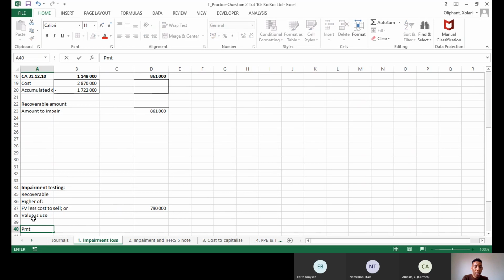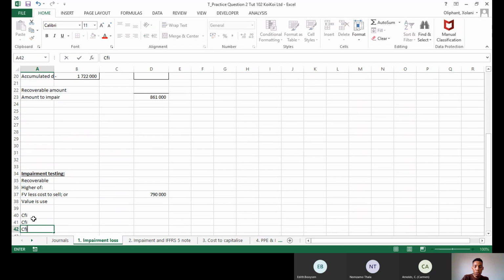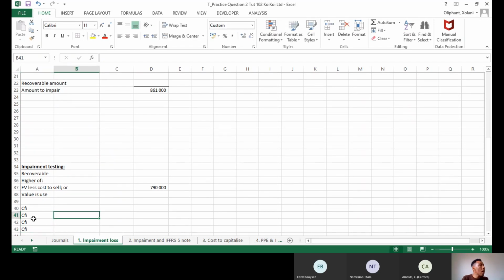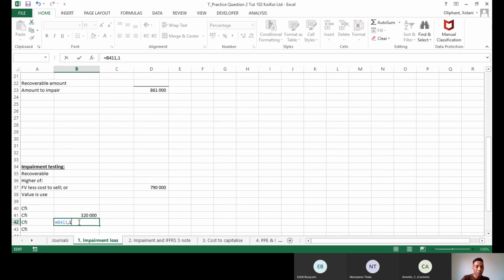So we know what our future cash flows are. Year 1, year 2, and then year 3. Now we know in year 1 we have only 320,000. And then year 2, we know that this will increase by 10%.